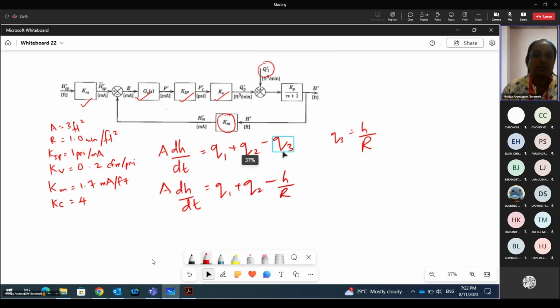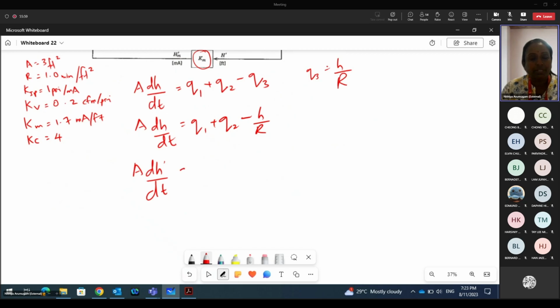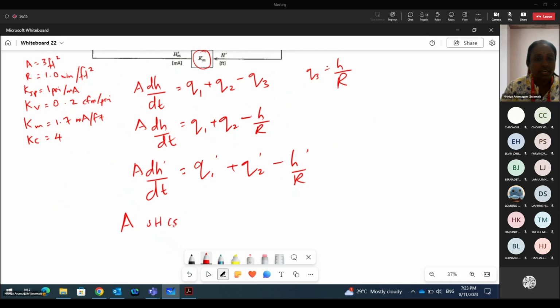Right. Now all these are in terms of time, right? So we're going to express that before expressing into the transfer function. This can be expressed in terms of H(s), the transfer function.